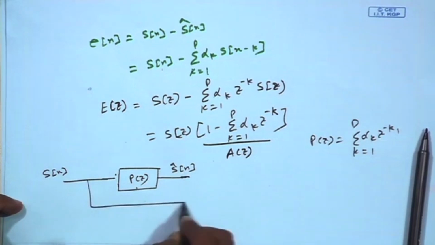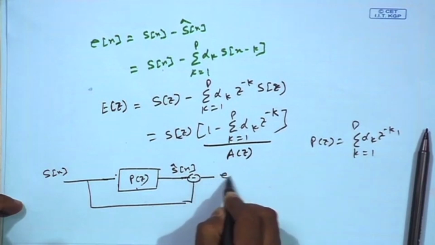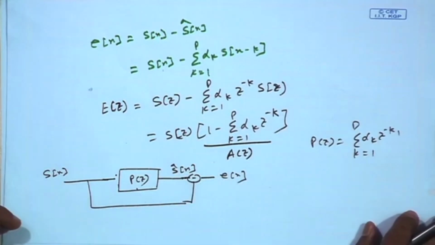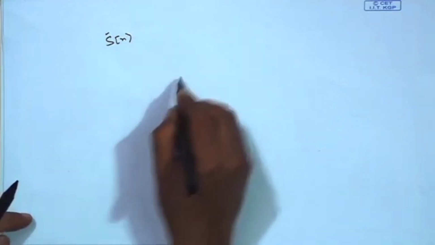Now, if I take the difference of those two signals, I get the error signal, which is e[n]. Or, in the system diagram, I can say from the beginning that s[n] minus ŝ[n] is my error.